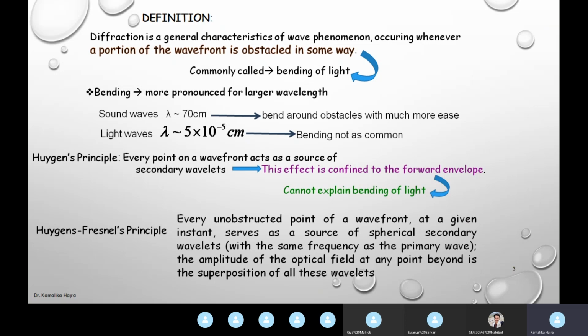However, interference is possible only if there are two or more waves propagating, whereas in diffraction, even with a single source and a single slit, it is possible to observe the phenomenon because the unobstructed portions of the wavefront become sources of secondary wavelets, and they interfere, they superpose with each other, producing the necessary pattern.